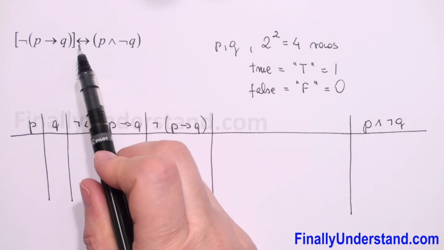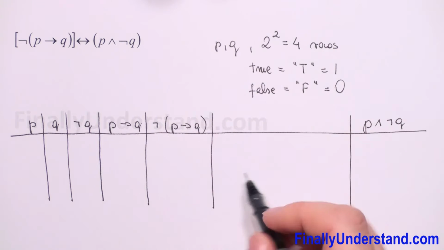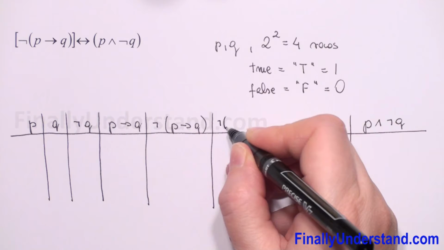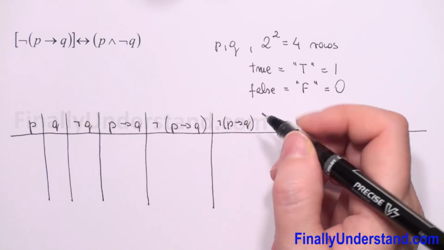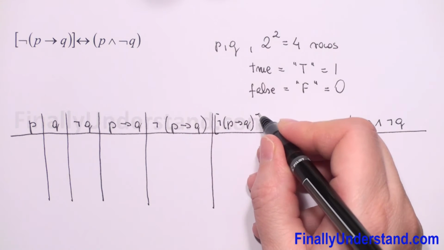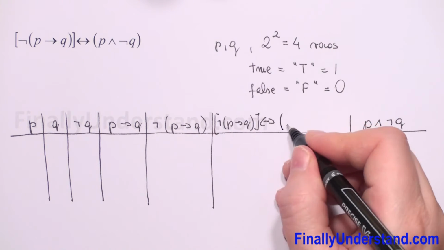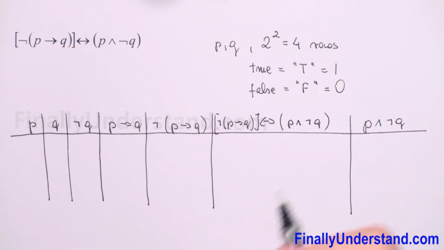The symbol means the biconditional statement. So in this column we have not (P implies Q), and this is in brackets, if and only if, we have in parentheses P and not Q.